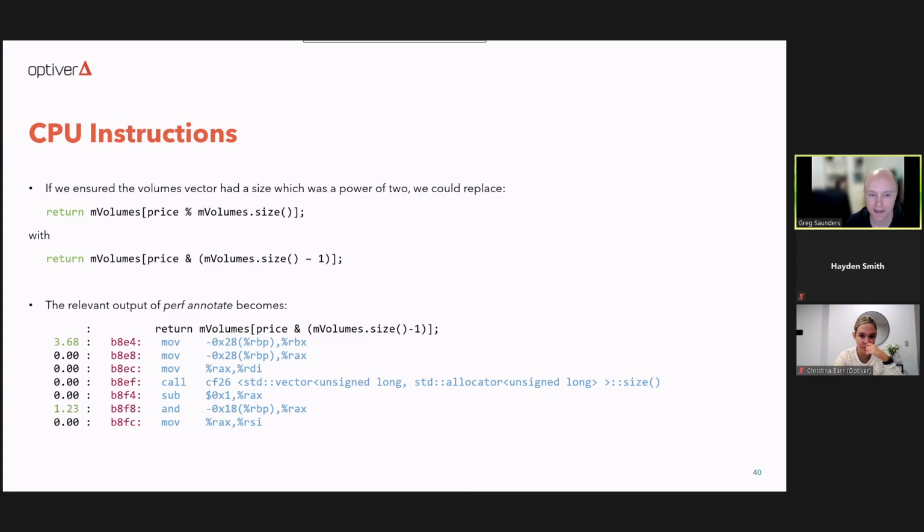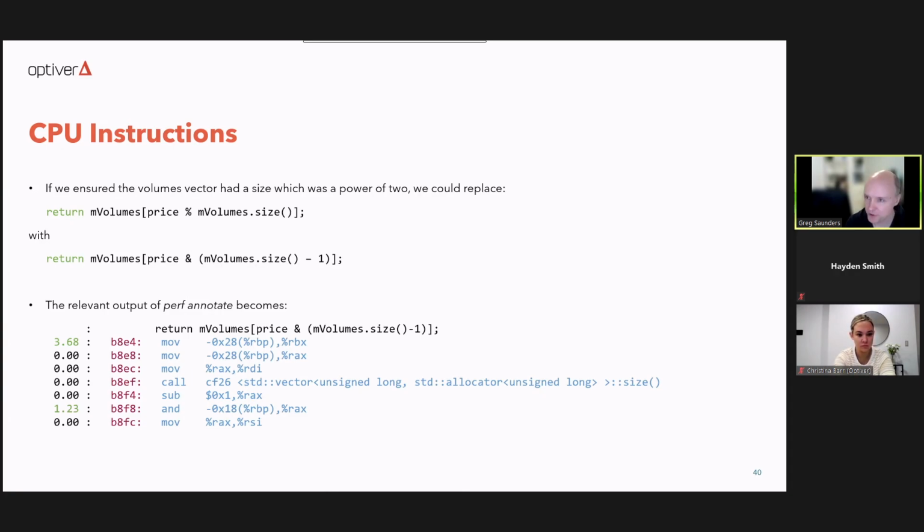The binary AND of the price with the size of the buffer minus 1 will give us, as an integer, the remainder after division by that size. But it only works if the size of the buffer is a power of 2.